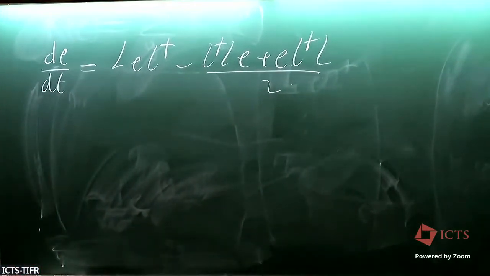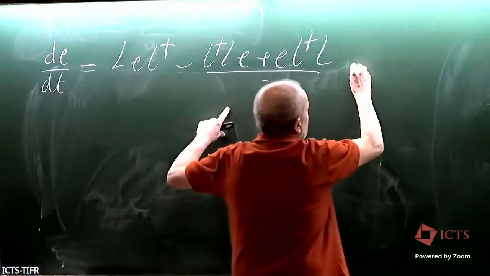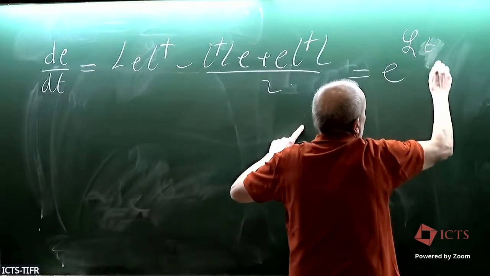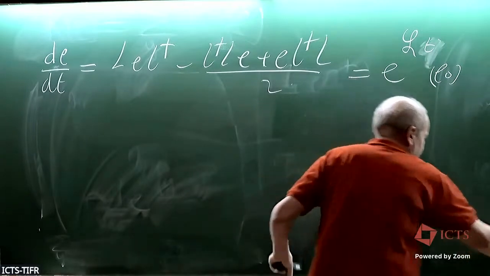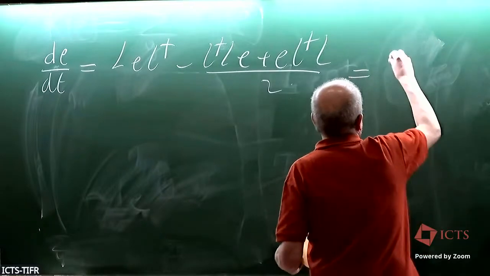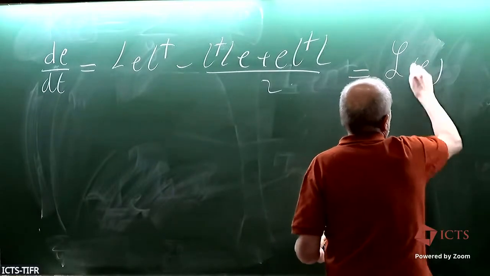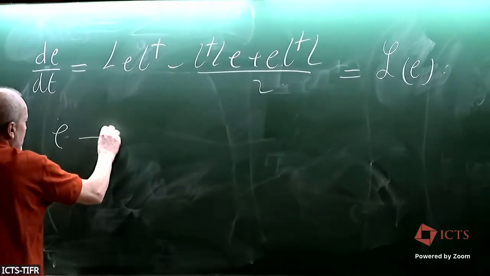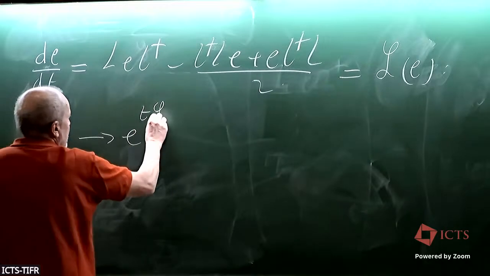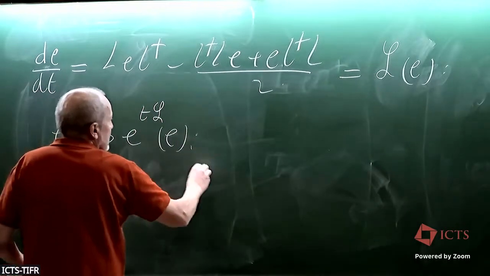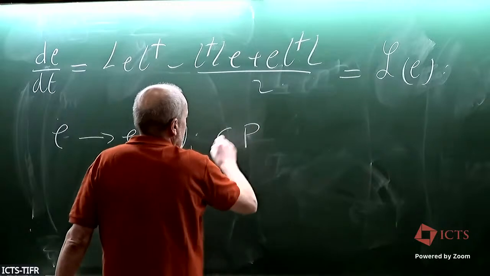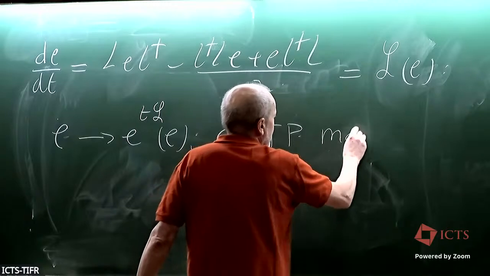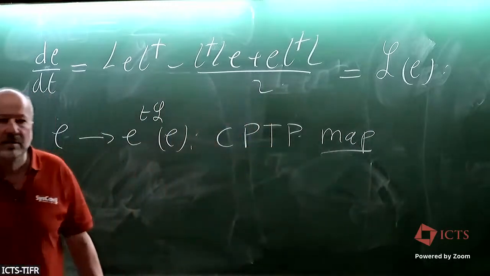You know that the propagator of this equation is exponential of t L of rho, and you know that its application to rho is a completely positive trace preserving map. You know this, okay?